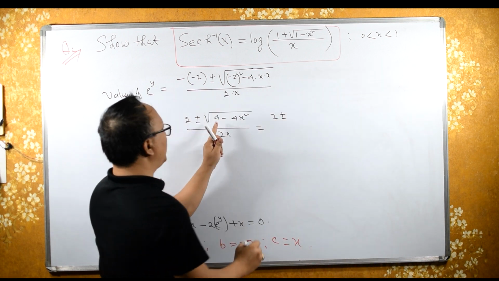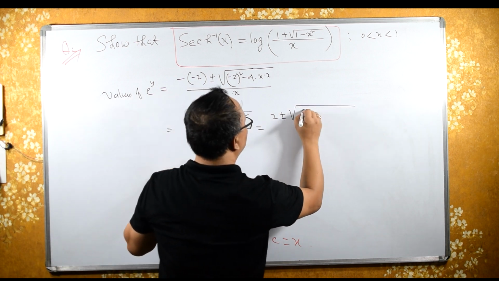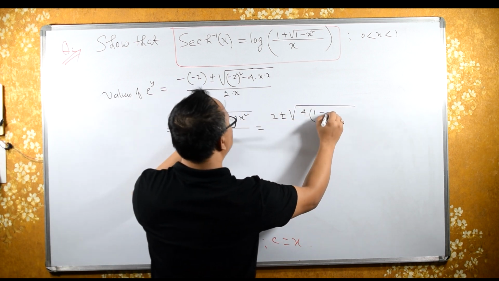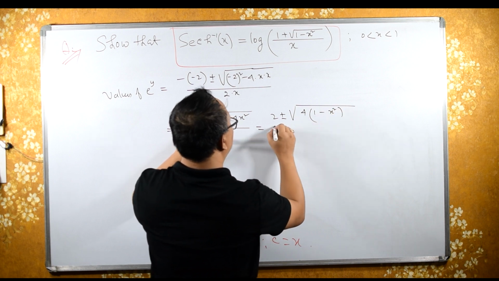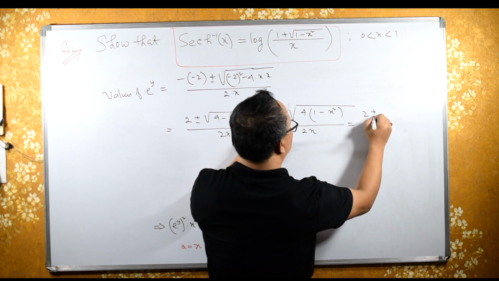Inside I can take 4 common, giving 1 minus x square.